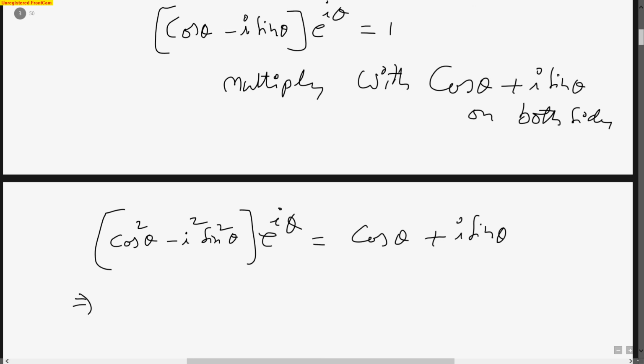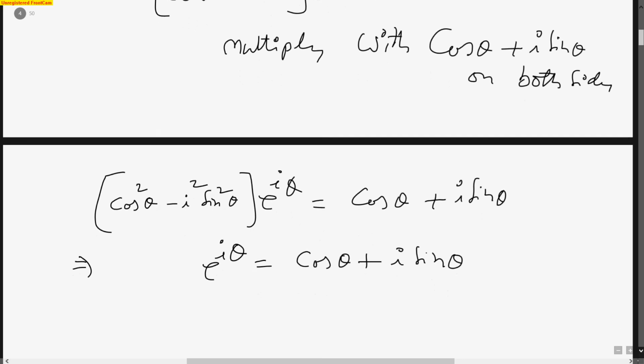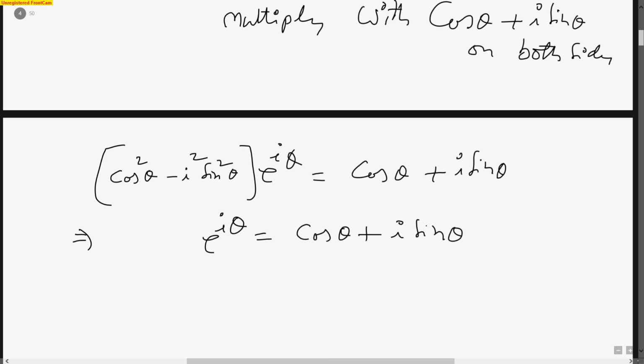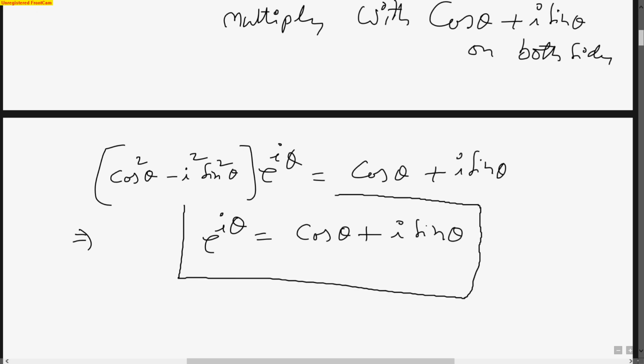That implies, since i square becomes minus 1, cos square theta plus sin square theta, which becomes 1. So e power i theta is equal to cos theta plus i sin theta. So this is Euler's formula.